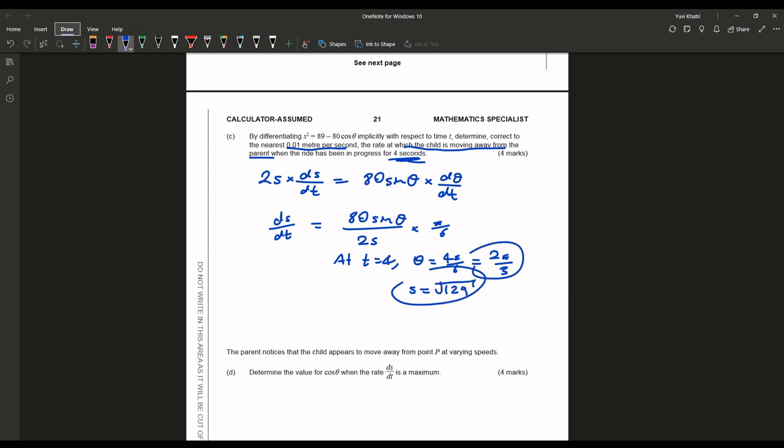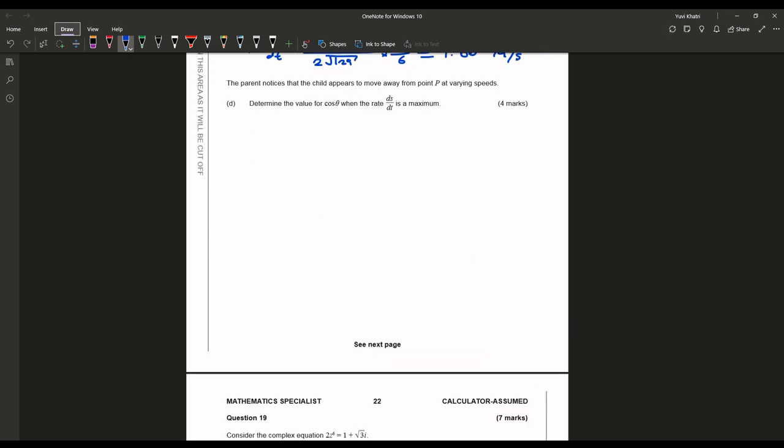Substituting all of this into here, let's just do that. And putting this into our ClassPad, we get 1.60 meters per second.